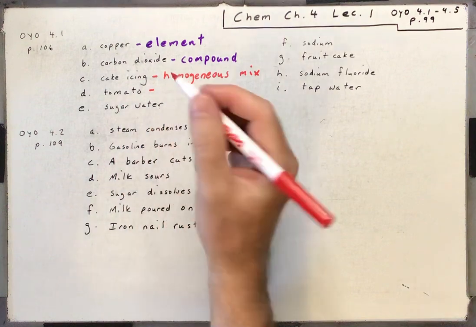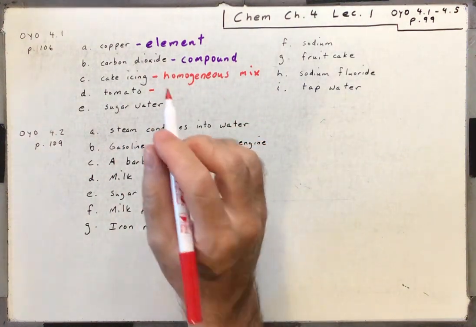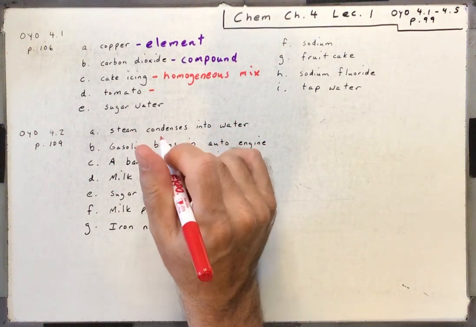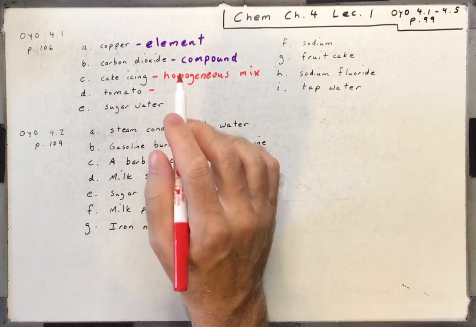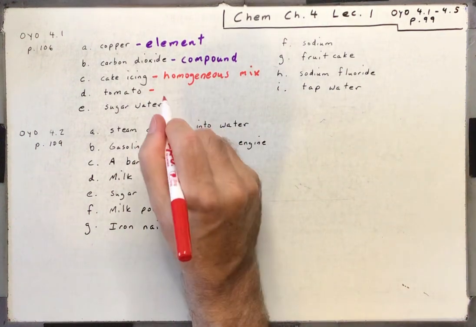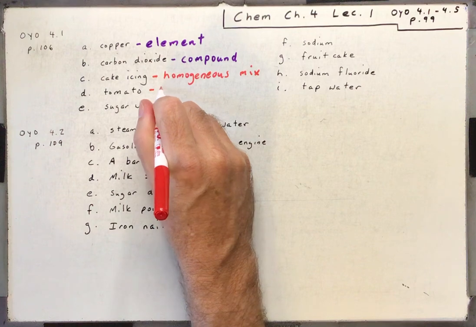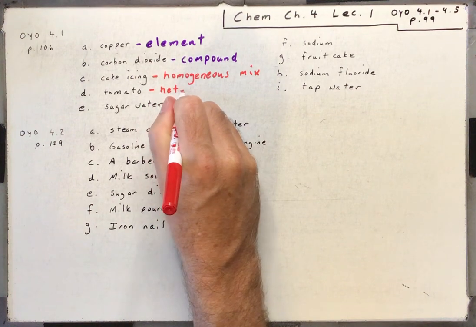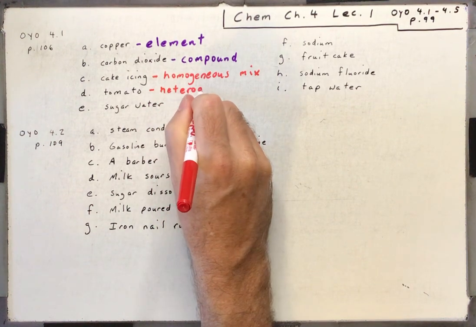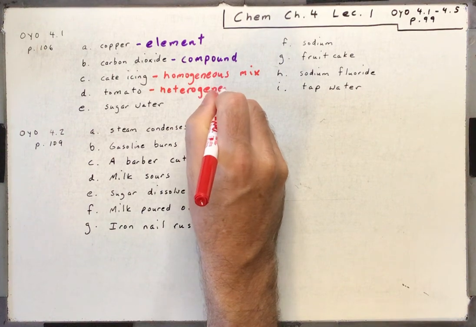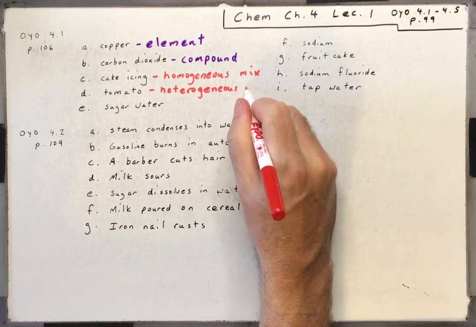A tomato, if you cut it open, you can see all sorts of different parts of the tomato. You can see the outer skin, you can see seeds in there. So that would be a heterogeneous mixture.